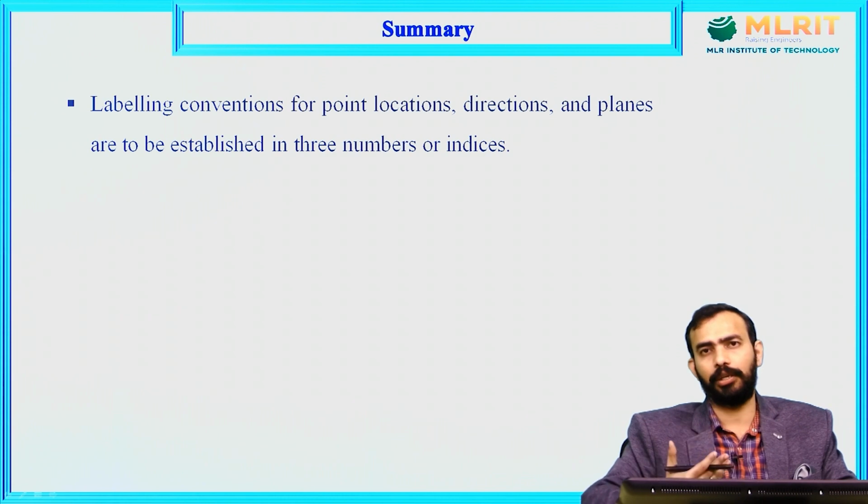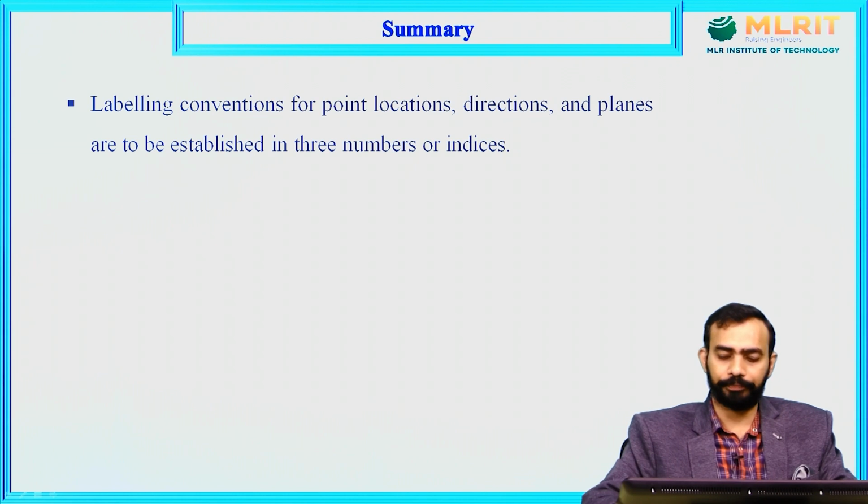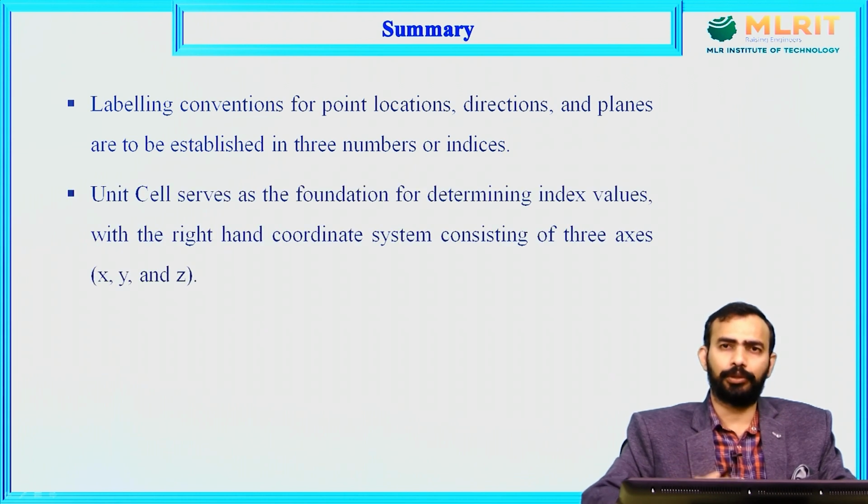So in order to represent all these atom positions, directions or planes, first we have to establish a labeling convention, which needs to be in line with the coordinate system and which will have 3 indices or 3 numbers. So what is the basis? The unit cell will serve as the foundation in determining these index values.